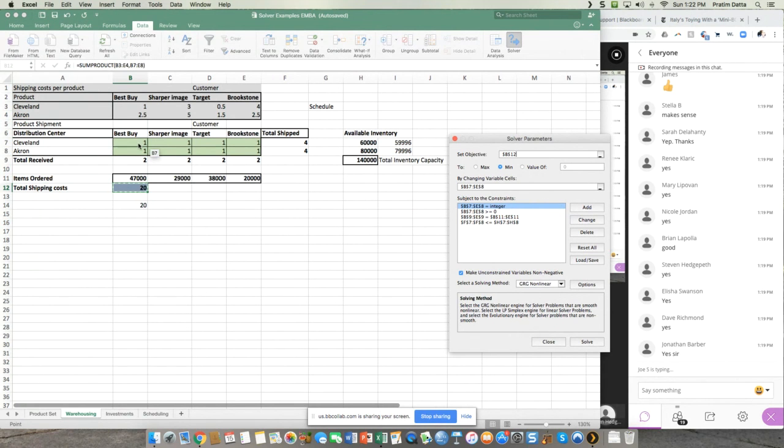So this one is, of course, you can't ship 1.2 items or 1.3 items or 3.935 items. So you want to ship integers. They have to be integers. They have to be greater than or equal to 0, right, which is this one. Third is B9 to E9, which is this set out here, the total that you're receiving.